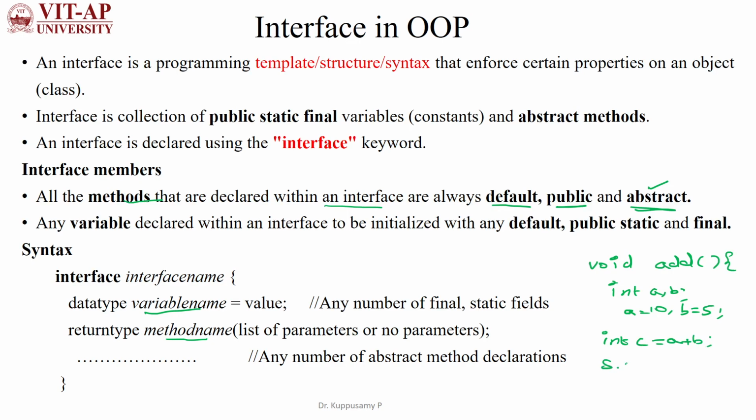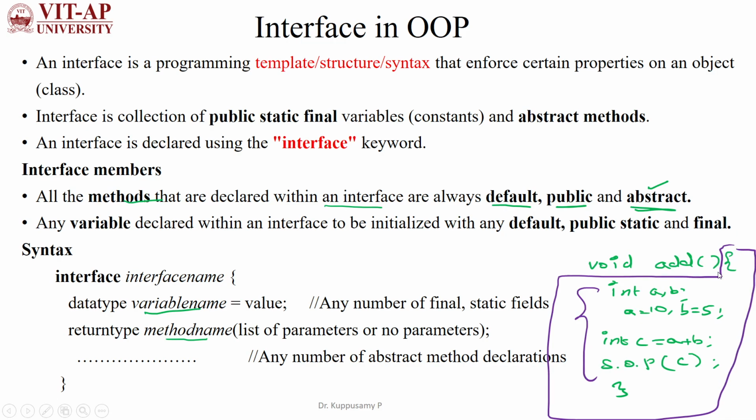Then we print the value with System.out.println(c). This is called the method body, the content of the method. So in an interface we should not define this entire code. This body should not be available inside the interface method declaration.